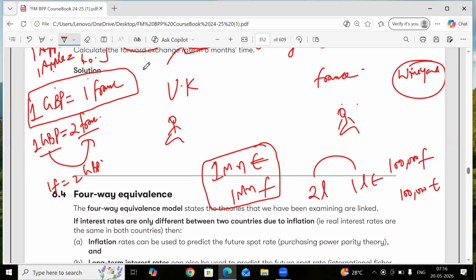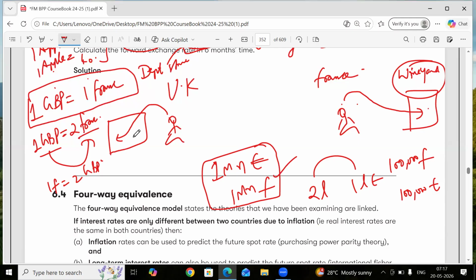And the French guy wants to open a departmental store in London because it's a very famous center for that. So the French guy makes 1 million francs payment for the UK guy for the vineyard, and the UK guy makes 1 million pounds payment for the French guy in UK. In this way, this guy is making the pounds payment for the French guy, and this guy is making the francs payment for the UK guy.